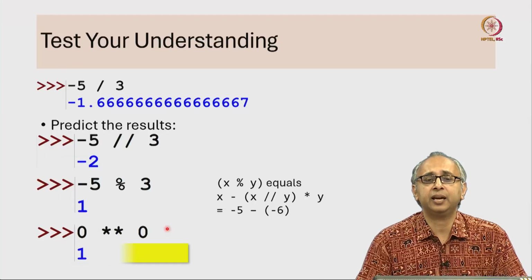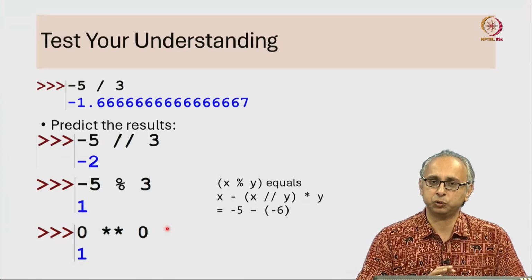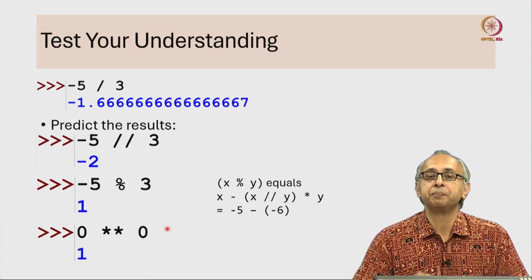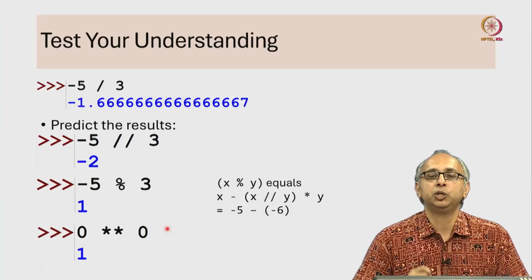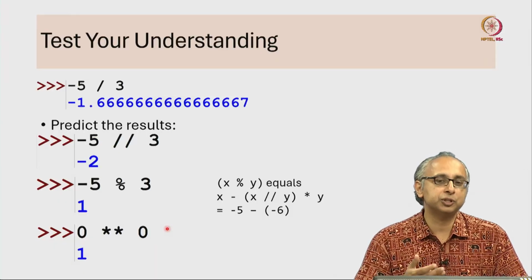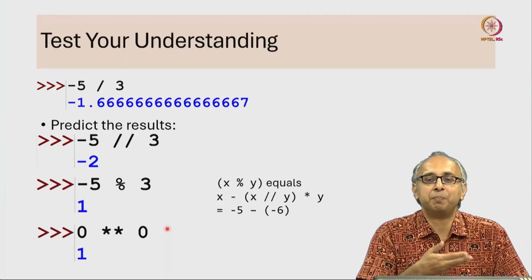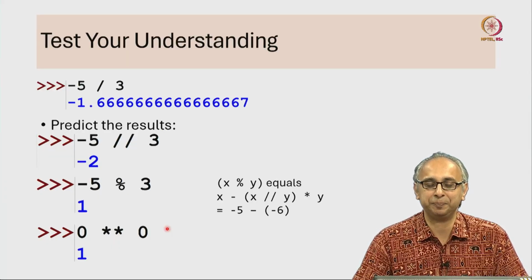In fact, they have chosen to define 0 to the power 0 as 1. And it's important for us as users of the language to be aware that they have made this choice. You and I might disagree with this choice, but as users of the language, we are bound to respect the choice that the designers have made.